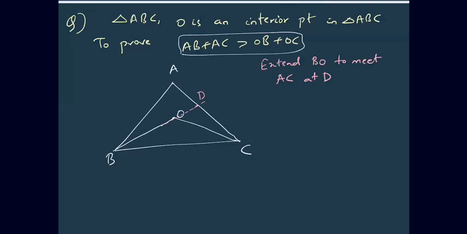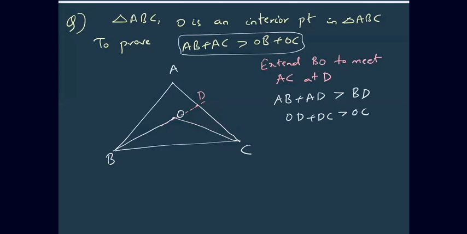So now if I see this triangle ABD, then I can use the triangle inequality and say that AB plus AD should be greater than BD. And if I use this triangle ODC, then I can say that OD plus DC is greater than OC.